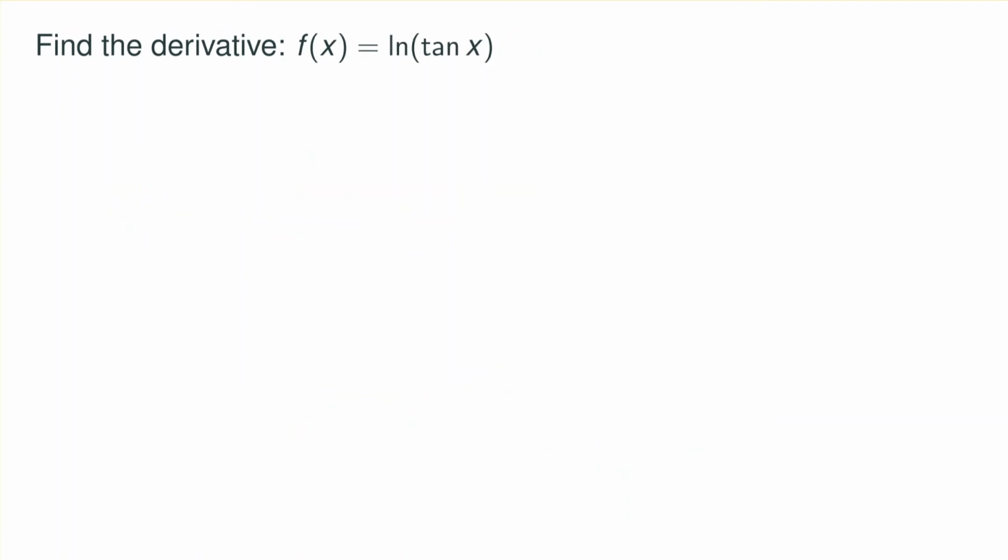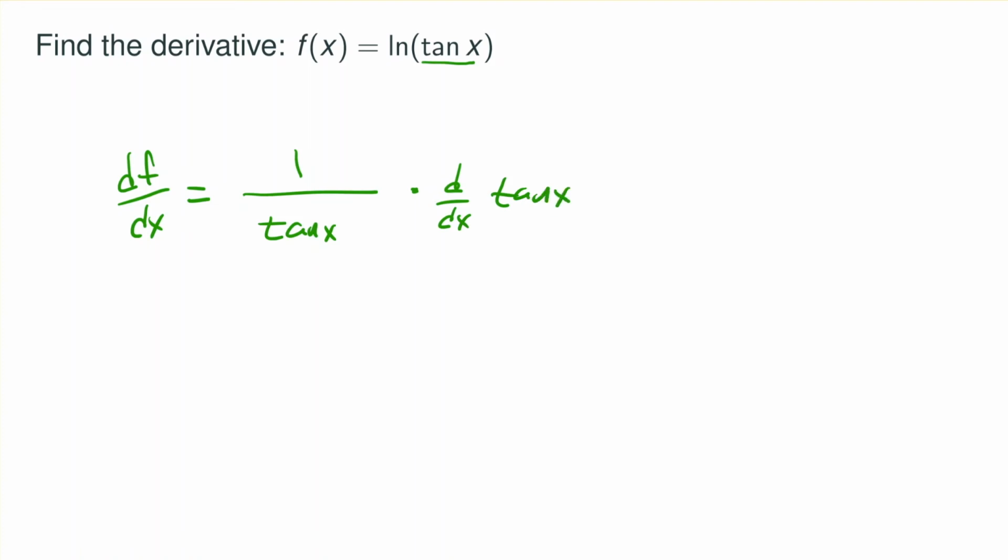Find the derivative of the function natural log of tangent x. Here, when we take the derivative, we have to apply the chain rule because the inside function is tangent x and the outside function is natural log. So first, when we take the derivative of natural log, the outside function, we get 1 over whatever the argument. But then we have to multiply by the derivative of the argument, which is the derivative of tangent x.